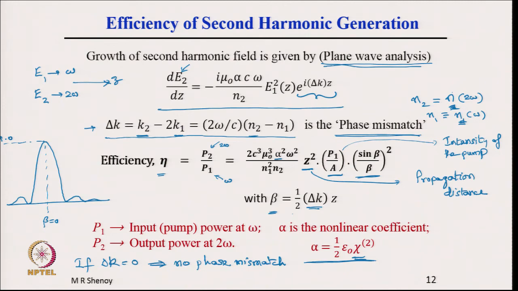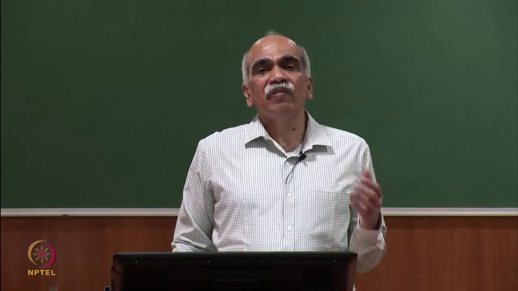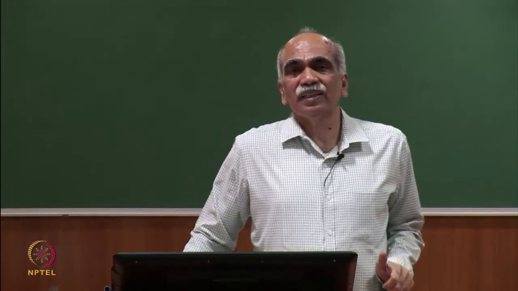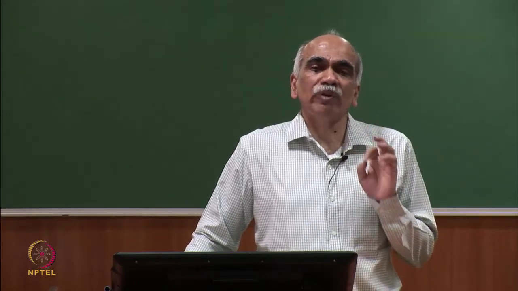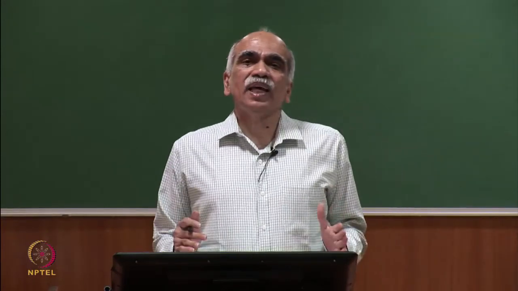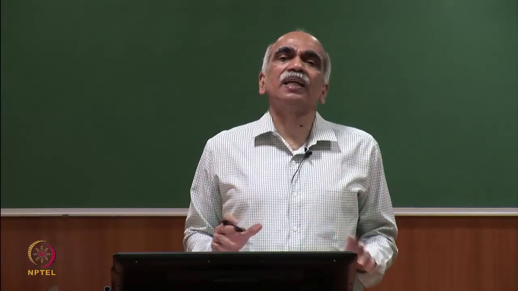That is the purpose of giving this expression, to recognize that the efficiency of nonlinear interaction will be maximum when there is no phase mismatch or when there is perfect phase matching between the interacting waves.